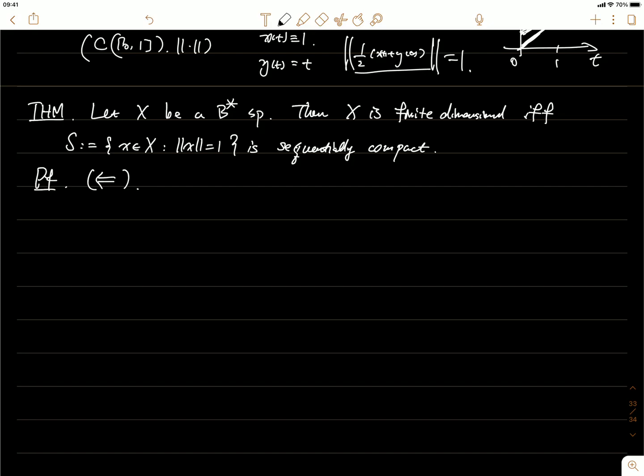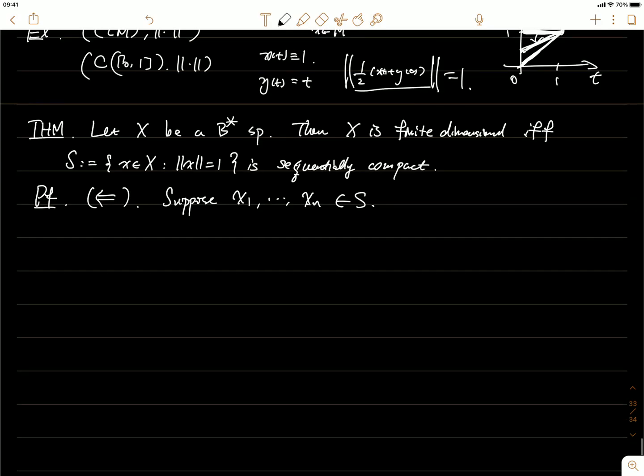Suppose I already have n points in S. Suppose X is not finite dimensional.